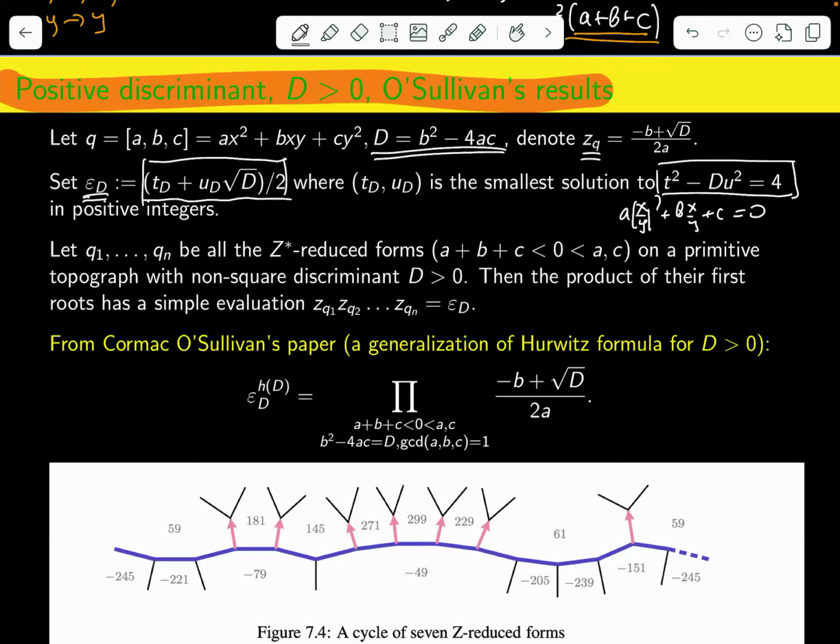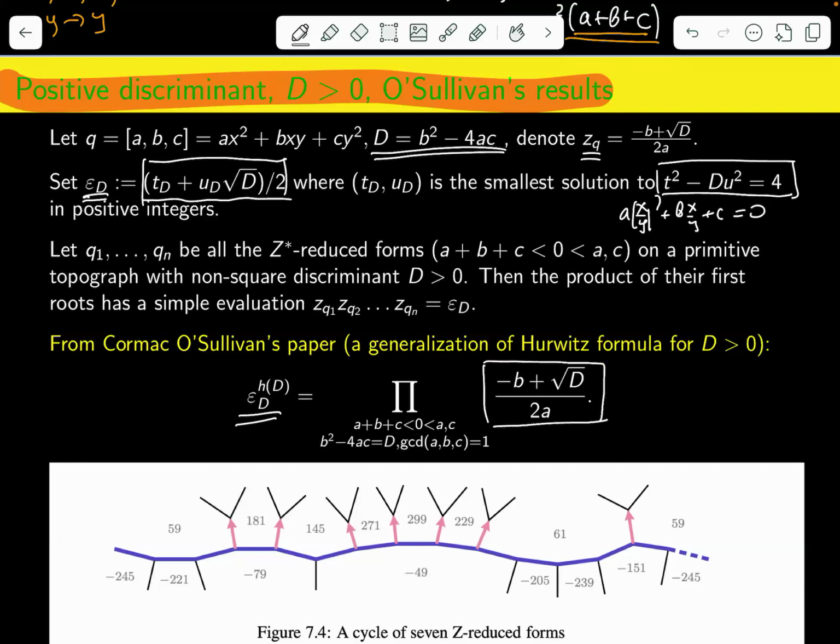Okay, now there is a formula for the class number, which is contained in Sullivan's paper. It should be seen as a generalization of Hurwitz's formula for positive D. Here, just take the power h(D) of the fundamental unit, and this is equal to the product of these roots for all the forms.